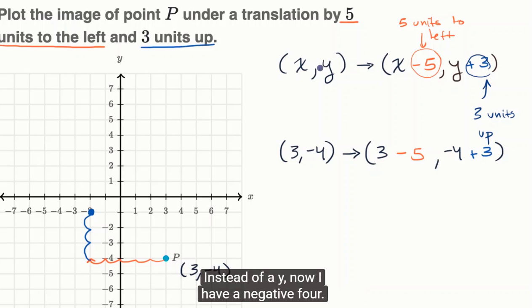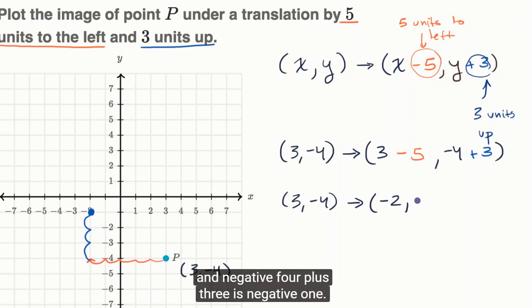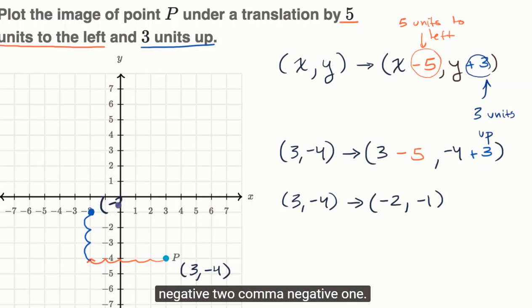Instead of a y, now I have a -4. And so another way of writing this, we're going from 3, comma, -4 to 3 minus 5 is -2, and -4 plus 3 is -1. So what are the coordinates right over here? Well, the coordinate of this point is indeed -2, comma, -1.